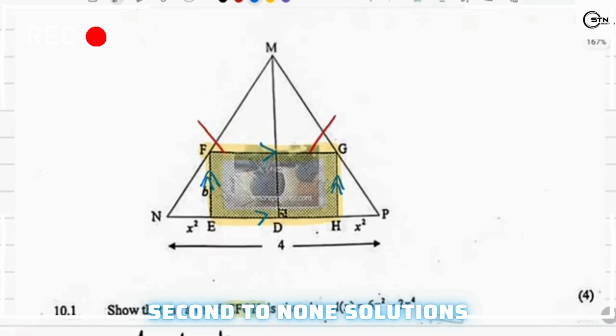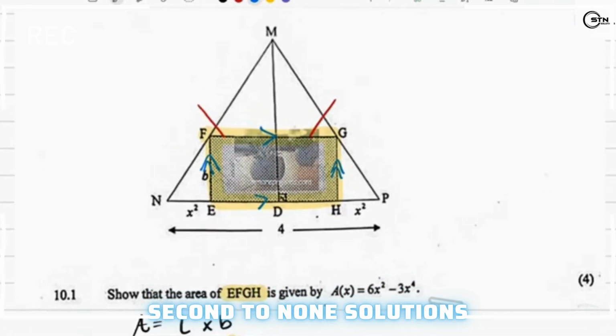Because we have parallel lines, and remember they told us that MD is 3 units, they gave us that for a reason. So I thought maybe we can use the proportionality theorem. If you tilt your head this way, you see this is a big triangle, so you can use the proportionality theorem.